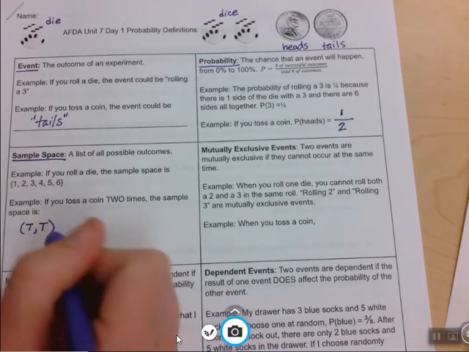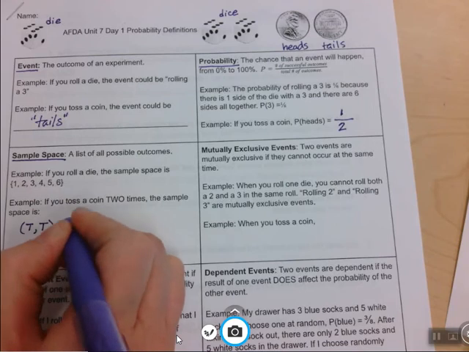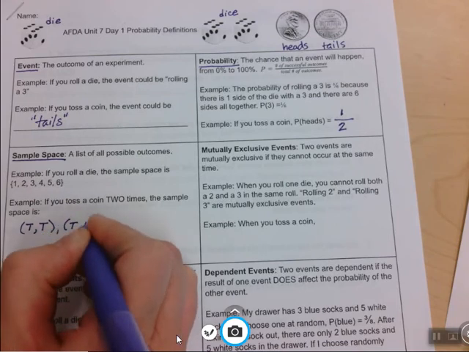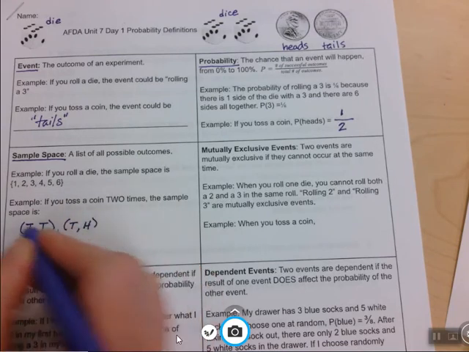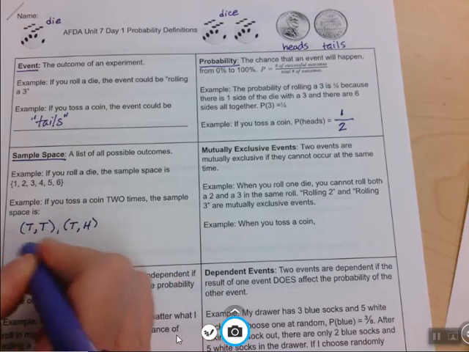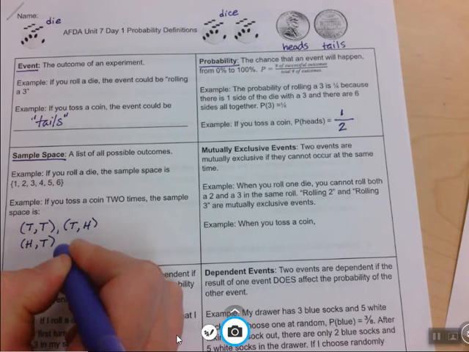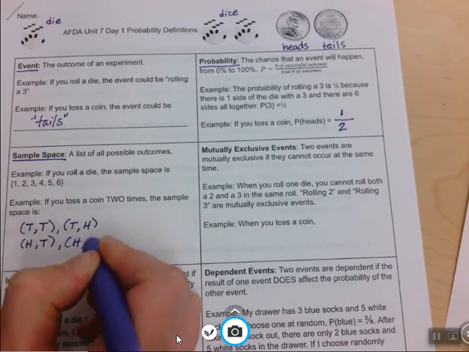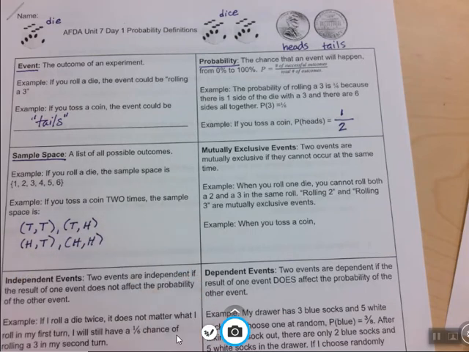So you could get tails, tails, or you could get tails, heads, or you could get heads, tails, or you could get heads, heads. So the sample space lists all the possibilities.